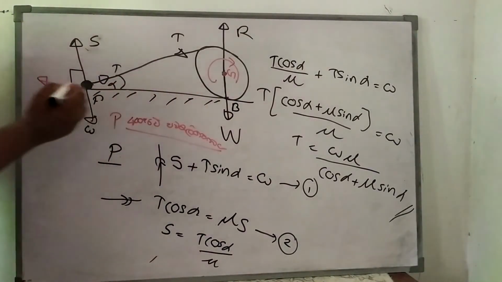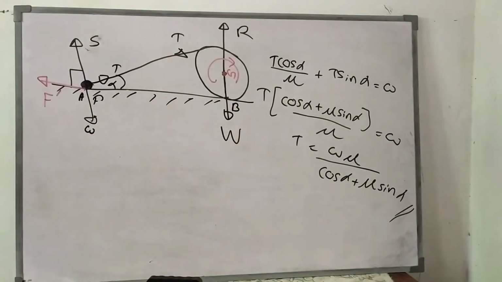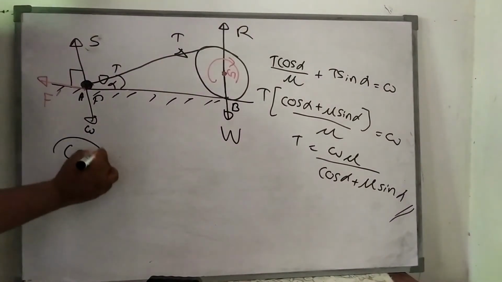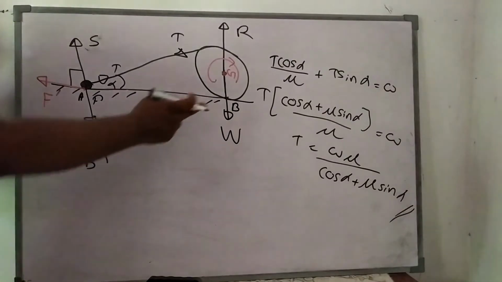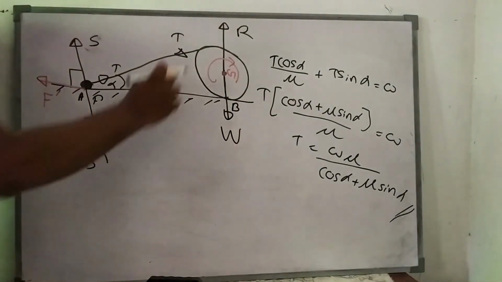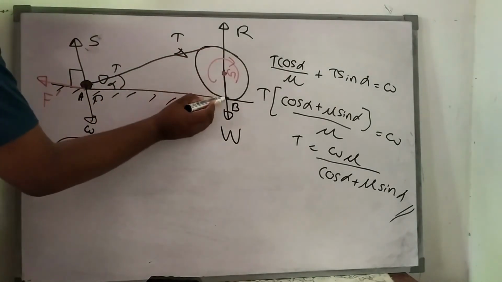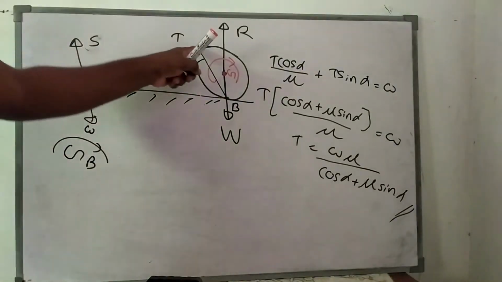So this is A and B. I'm taking moments around B. So the reaction and W are not useful, right?